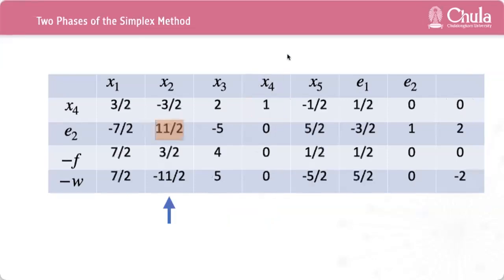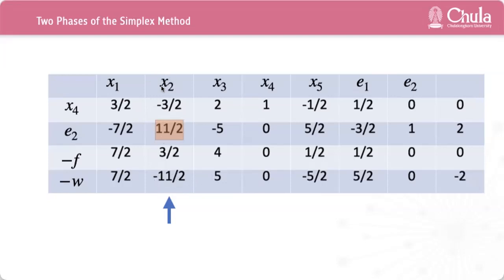And then this column, you see that we use the same trick. We use Gauss elimination to make this 1, 0, 0, 0. And we end up with this table. From this table, of course, you find the most negative one, and x2 has the most negative coefficient, right?